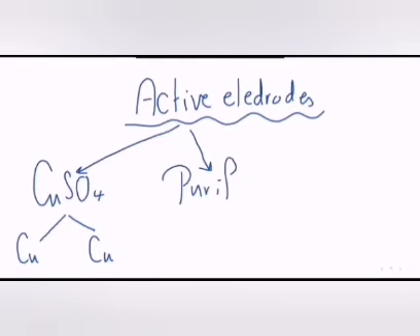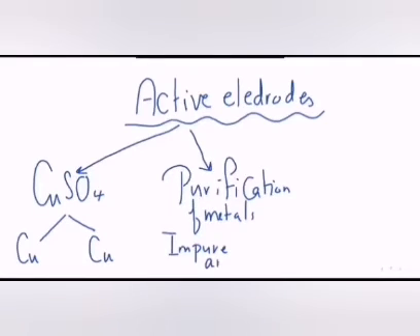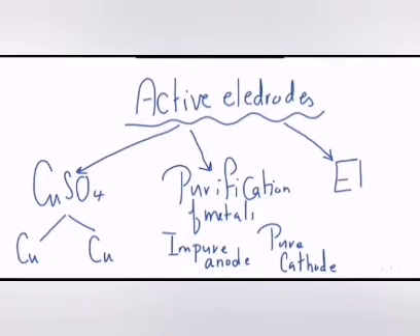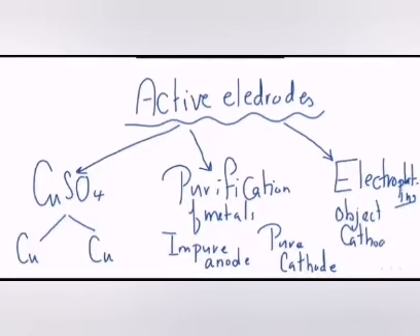Purification of metals: we have the impure metal anode, and we have the pure metal cathode, and the electrolyte will be a soluble salt solution of the metal. And in active electrodes, we also have electroplating, where we have the object as a cathode, and we have the metal as anode.